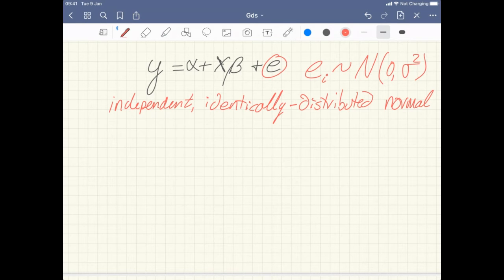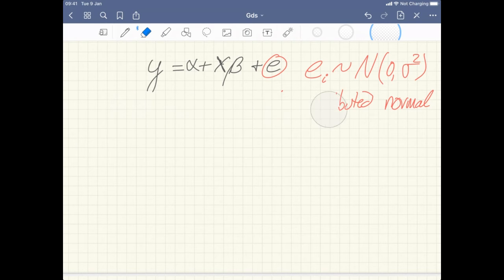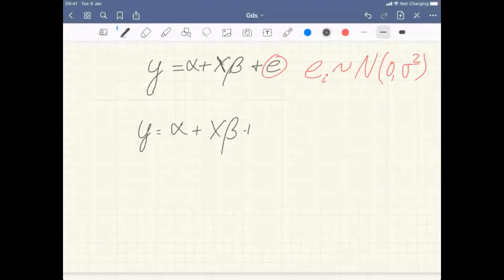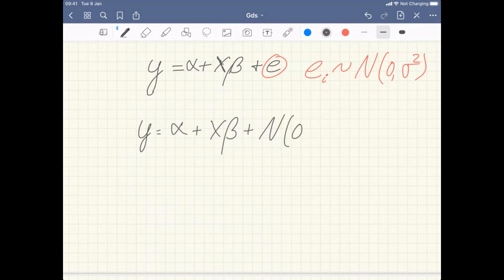So if that's true, then I'm going to rewrite my equation here and replace E with that distribution. So I'm going to write y is equal to alpha plus x beta plus some normally distributed value with a mean of 0 and a variance of sigma squared.